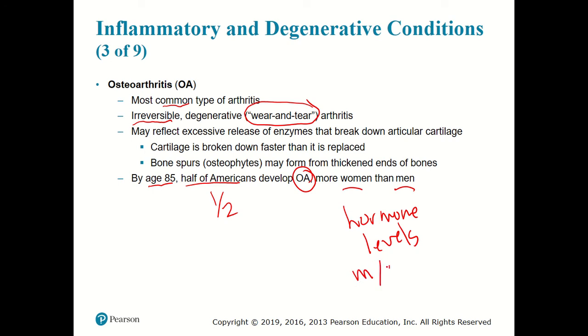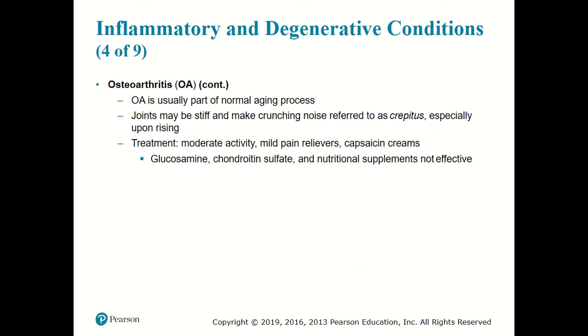Because there are different hormone levels here, we see more damage to joints in the form of osteoarthritis in women more than men. So again, osteoarthritis is part of the normal aging process for the most part.